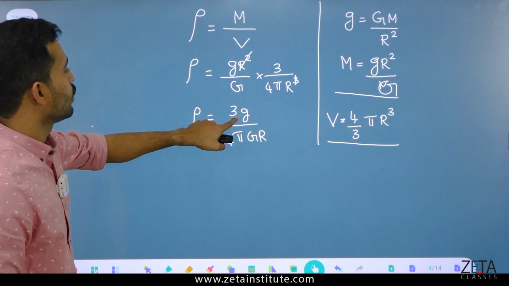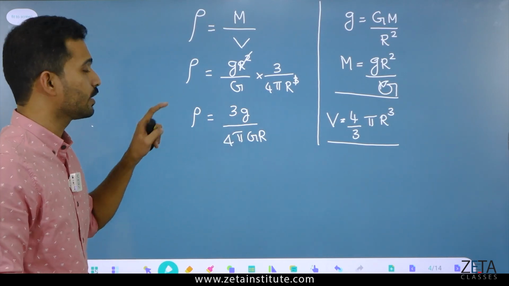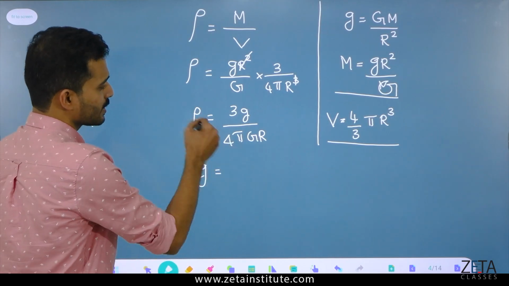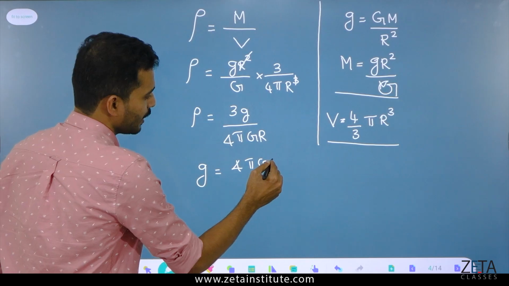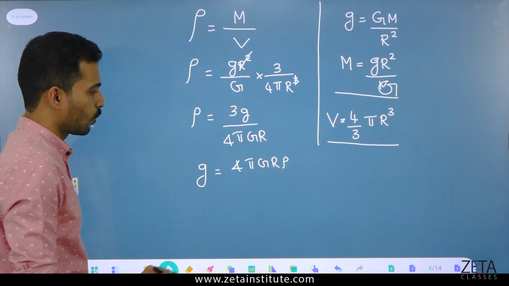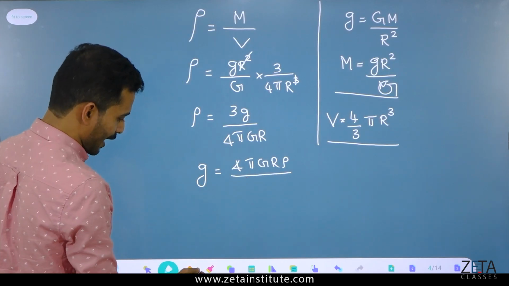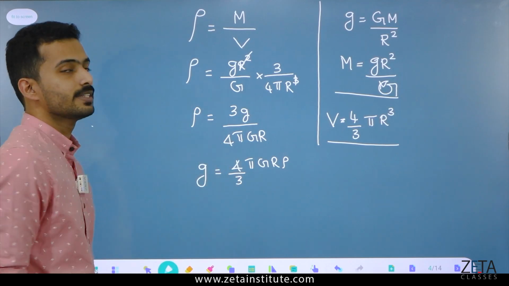So here we have to obtain an expression to calculate acceleration due to gravity in terms of density. So how will it be? g is equal to 4 pi G r into rho divided by 3, or we can write like this, it is 4 by 3 pi G r rho.